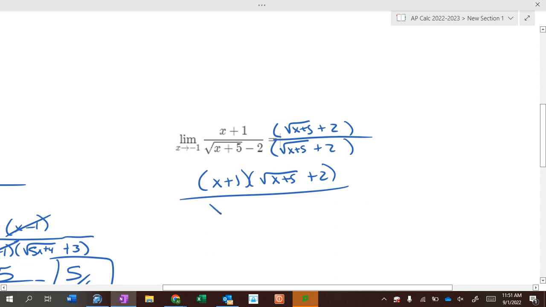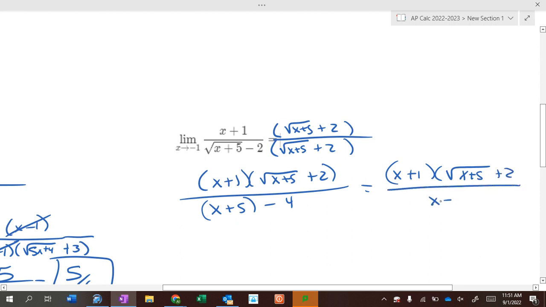In the denominator, it's going to be x plus 5 minus 4, which is also known as x plus 1, correct? So the x plus 1's cancel. You stick the negative 1 in the numerator, you get the square root of 4 plus 2, which is 2 plus 2, which is 4.